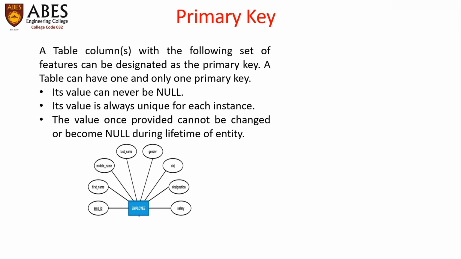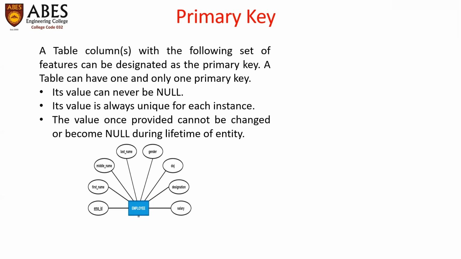For example, as you can see in the diagram over here, we have an entity named employee. Now it can have different types of attributes like employee ID, first name, middle name, last name, gender, date of joining, designation, and salary. Now, each of these attributes will have a different value.